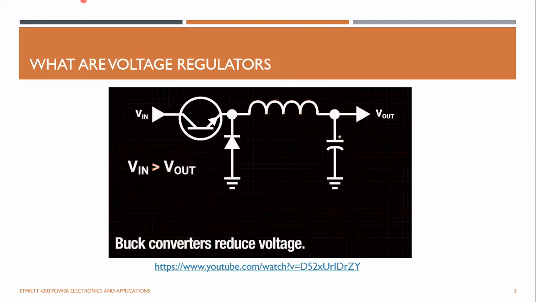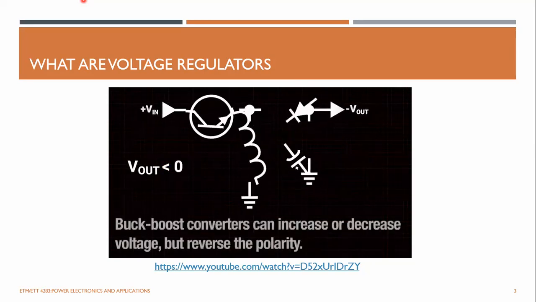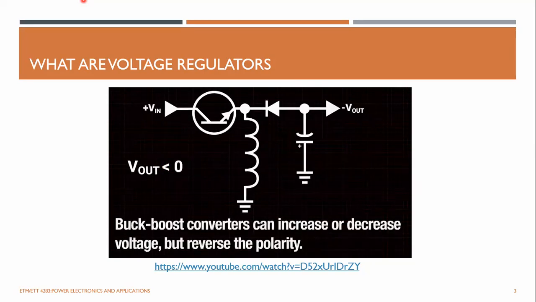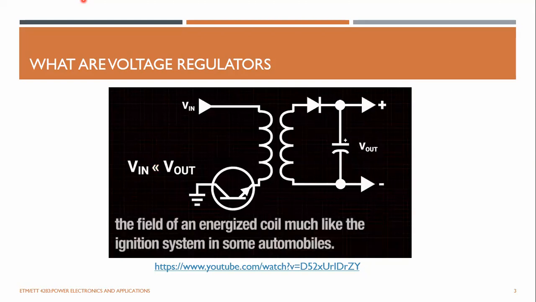Buck converters reduce voltage. Boost converters increase voltage. Buck boost converters can increase or decrease voltage, but reverse the polarity. Flyback transformers increase voltage to very high levels, but at very low current, by collapsing the field of an energized coil, much like the ignition system in some automobiles.